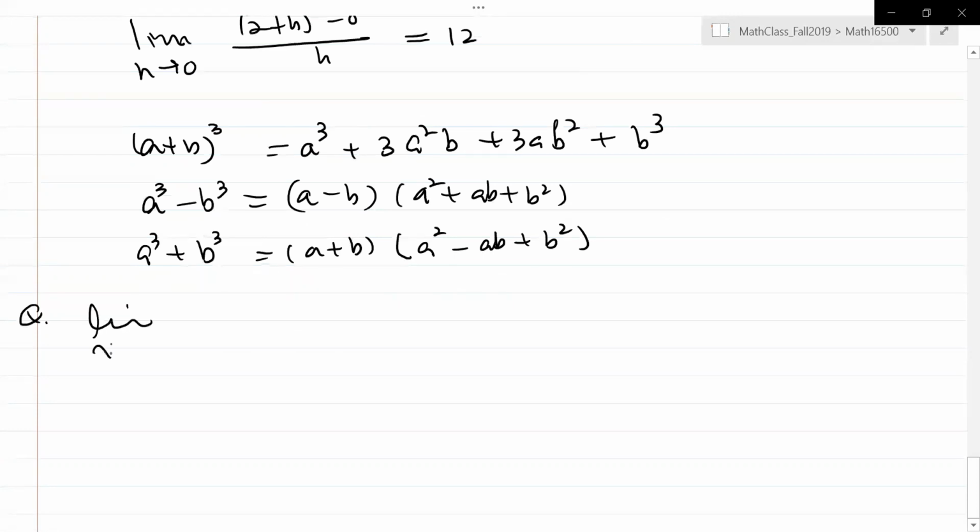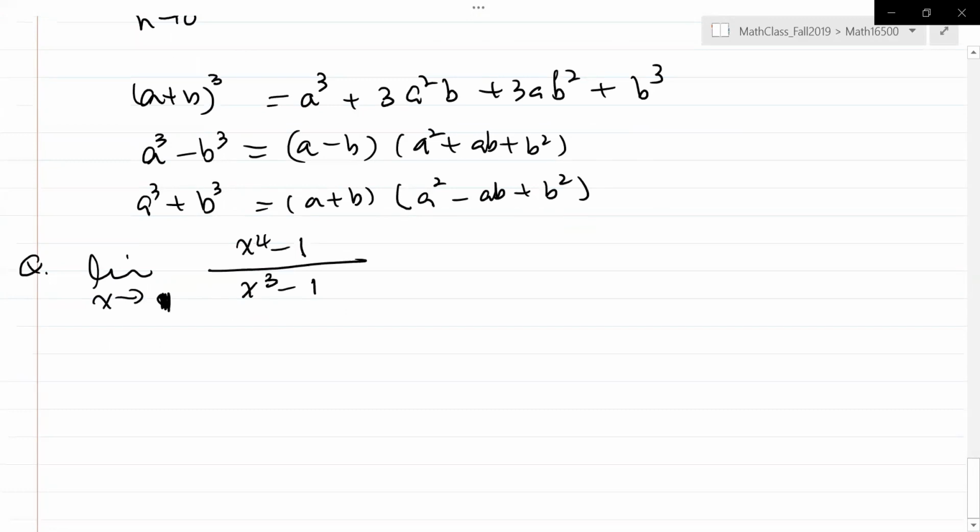Okay, now let's take a look at another example. Find the limit of (x to the fourth power minus 1) divided by (x cubed minus 1) as x approaches 1. You see that when you plug 1 in for x into the numerator and denominator, both are 0. So both contain a factor of x minus 1. Let's try to factor x minus 1 from the numerator and from the denominator.